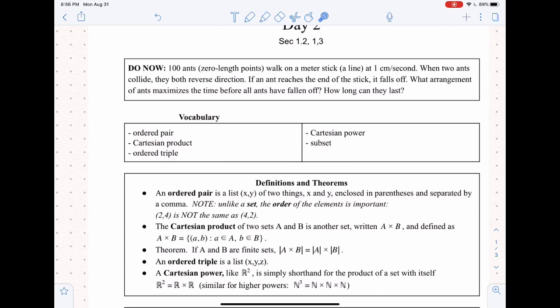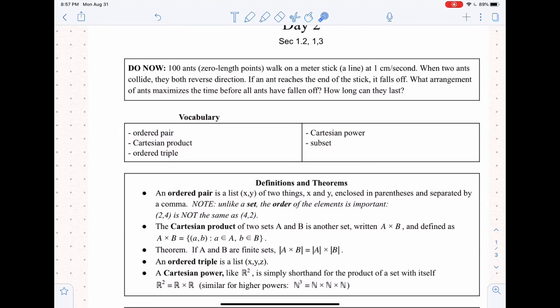And what makes an ordered pair different than a set? It's just that in an ordered pair, the order matters. In a set with two elements x and y, there's no sense of one of them coming first and the other coming second. But in an ordered pair, when it's indicated by these round parentheses, there's the first and there's the second element of it. This is useful because it lets us consider things in order, and we'll see exactly how that comes into play.